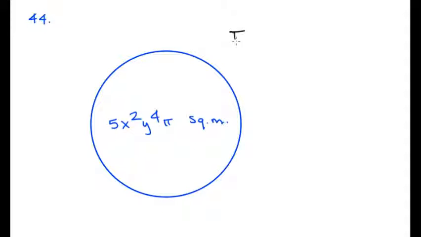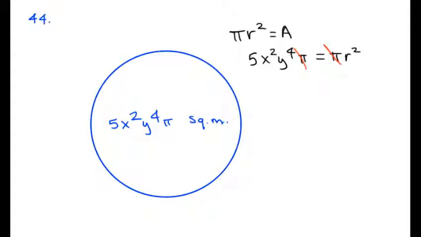Recall that pi r squared is equal to the area of any circle. We're given the area as 5x squared y to the fourth pi is equal to pi r squared. When we divide a pi from both sides, we can cancel out a pi here and here.